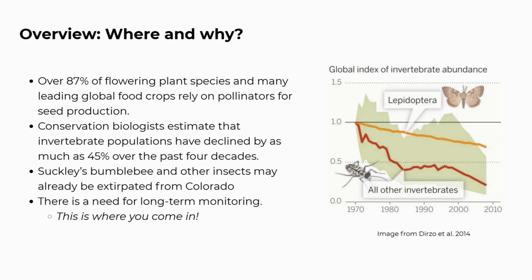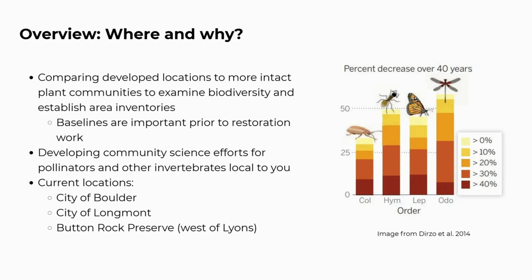A part of the study will be comparing more developed locations in the cities directly in Boulder and Longmont to some more intact plant communities that we're finding out in areas like Button Rock Preserve, where they've been a little bit less disturbed. There's a little bit less urban development in those areas. That helps us to establish some of these baseline levels of insect biodiversity and figure out sort of like an inventory. Who lives here?